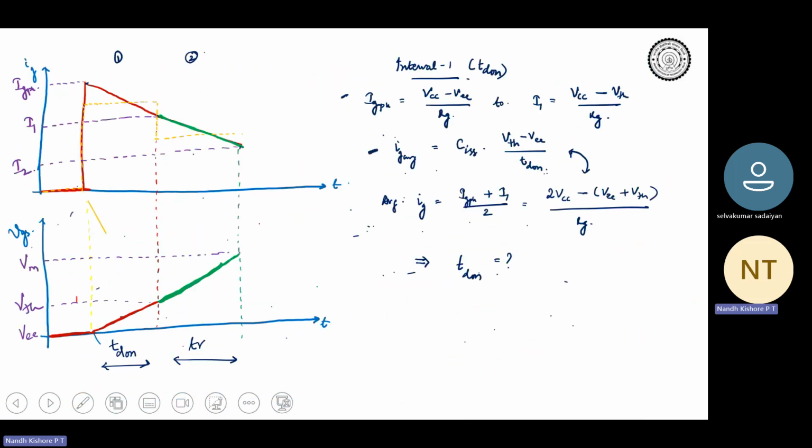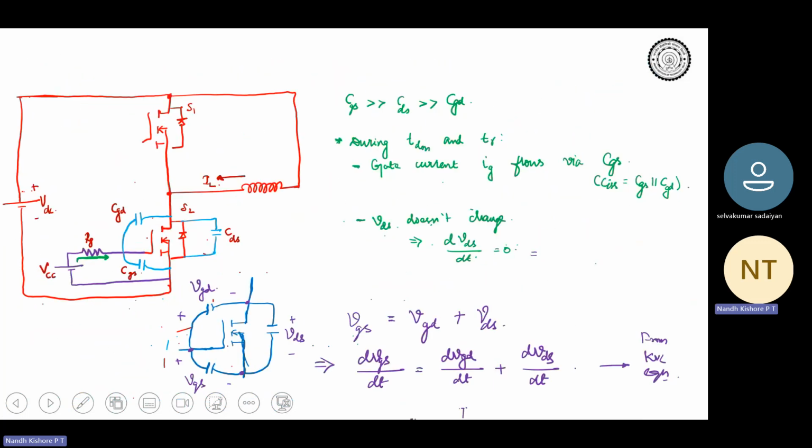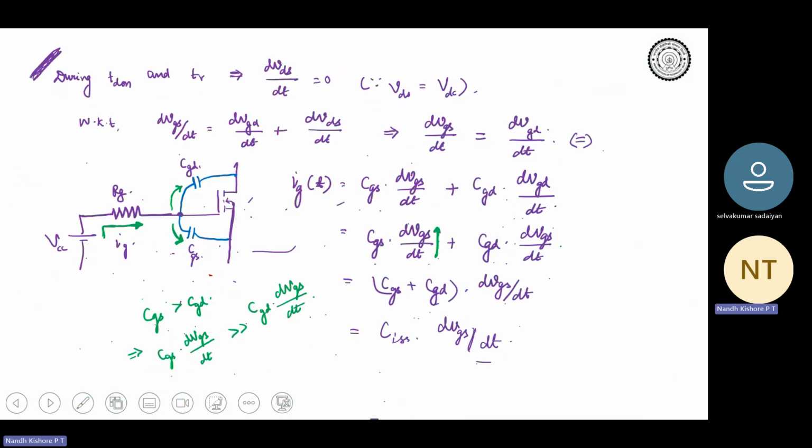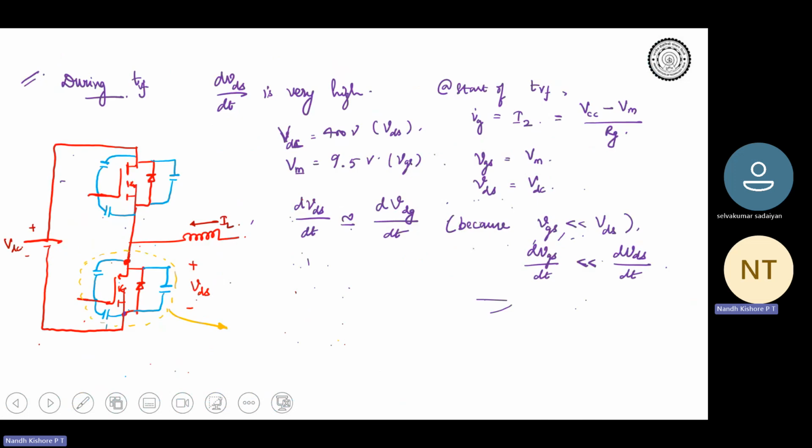Right. So we saw that once the current rise time ends, your voltages are going to change, which means that the voltage across S2 is going to fall and voltage across S1 is going to rise. It means the capacitance voltage is changing. So just remember the convention for what is charging and discharging.